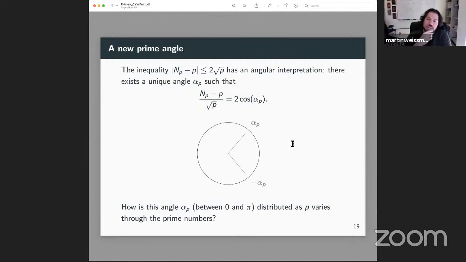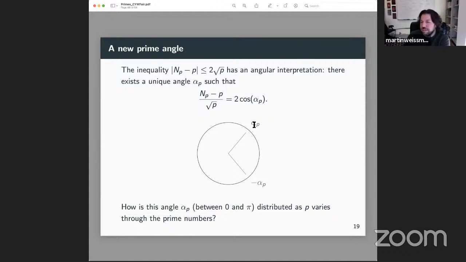So this is the next step of difficulty, which is that you know that the error is bounded by twice the square root of P. And then they define, this is something that was done by Sato in the 1960s, if you look at NP minus P and divide by the square root of P, it's bounded by 2. And anything that's bounded by 2 is twice the cosine of some angle.